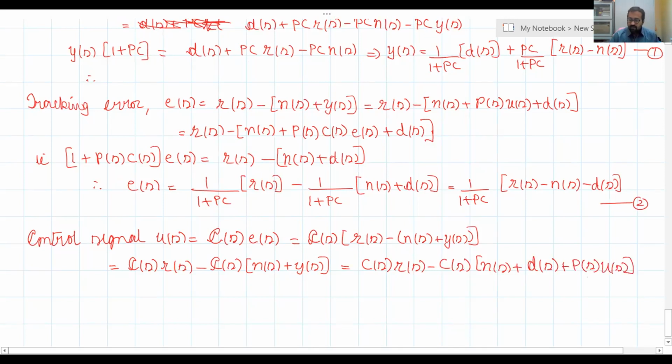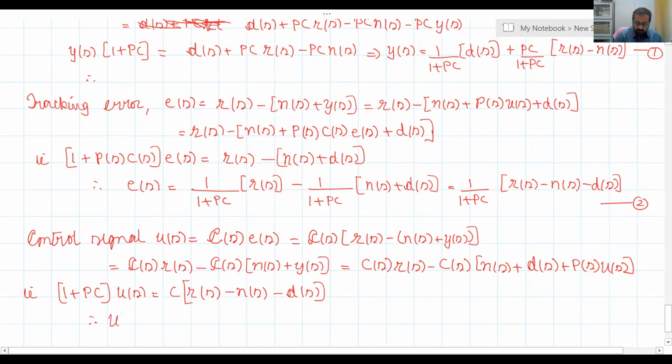So now again, I can take this U of S term to the left side, right? So that means 1 plus PC into U of S must be equal to what? C of S into R of S minus N of S minus D of S, in one shot.